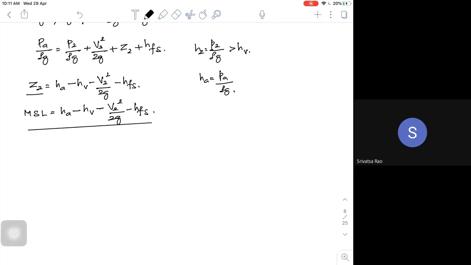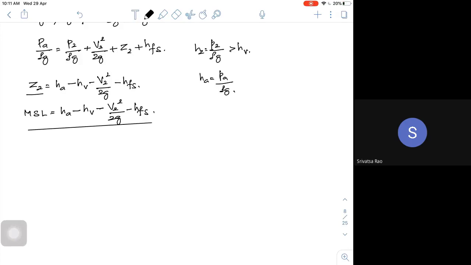See, my HFS will be minimum if I go for a very smooth and new pipe. And I should maintain my height in such a way that my P2 pressure is always equal to or greater than the vapor pressure, so it will be equal to HV or greater than HV.